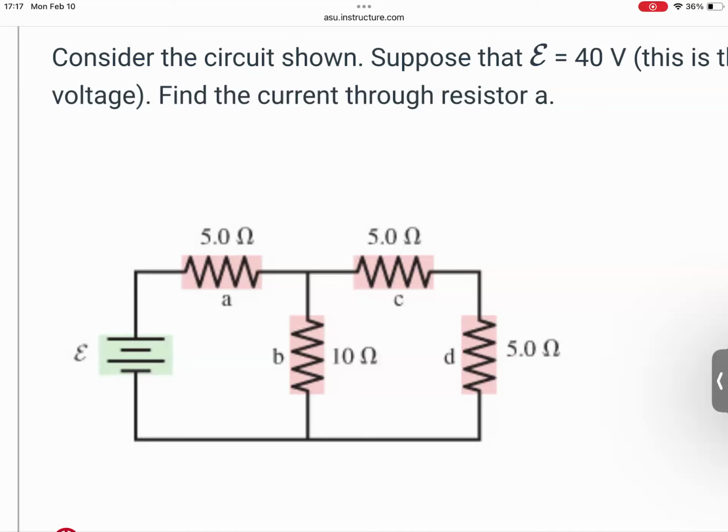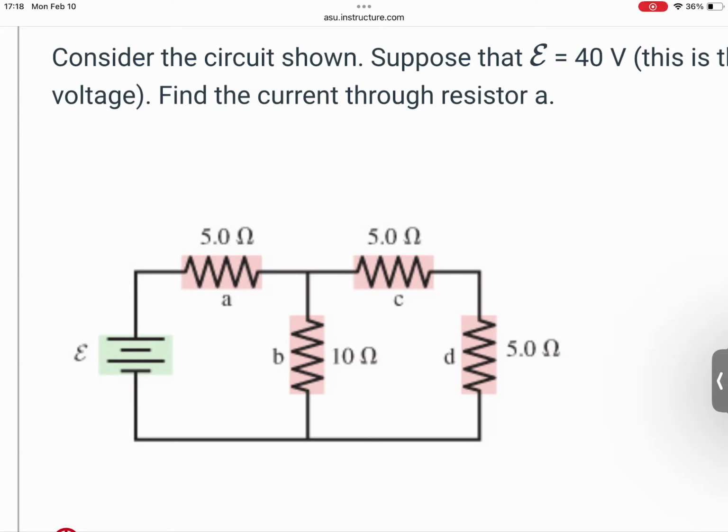I accelerate by 5 miles an hour per second for 1 second. What's my final velocity? 15. What people who said 8 amps are doing is they're saying acceleration is velocity divided by time.